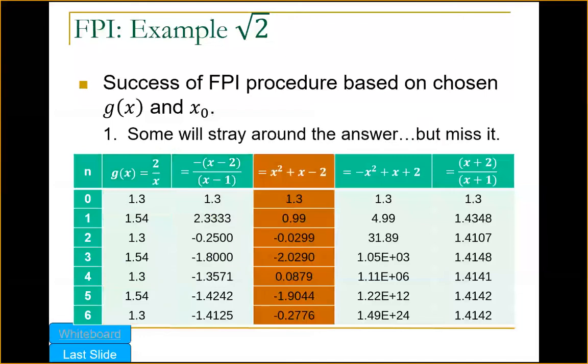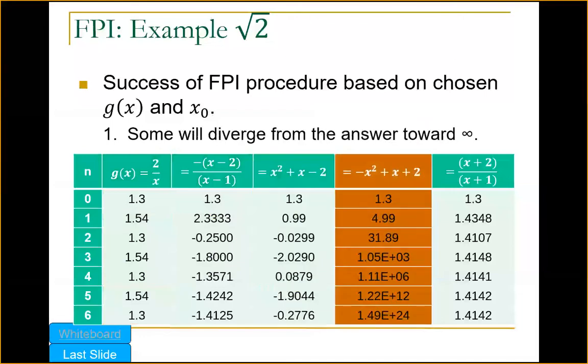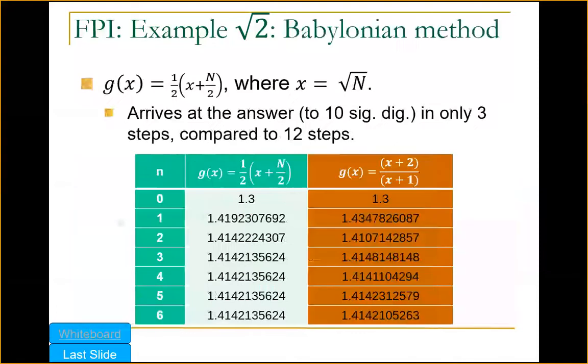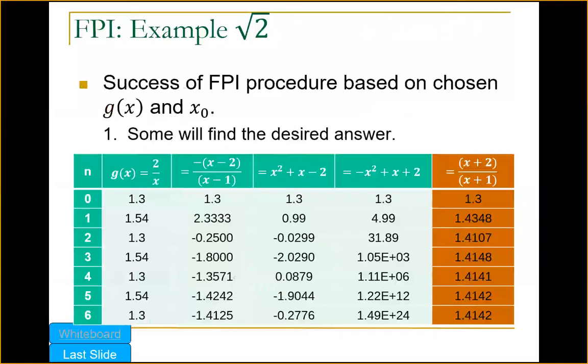So what we realize is that when you're doing fixed point, there isn't one function that you work with. You're going to have to pick the best function. And the best function is based on what we call the best convergence criteria. In fact, by the way, this whole procedure is actually how the square roots and cube roots were found back in olden days, from the time of the Babylonians.